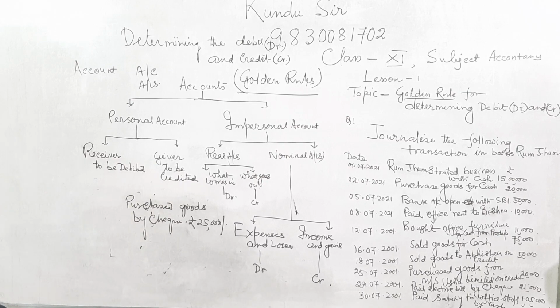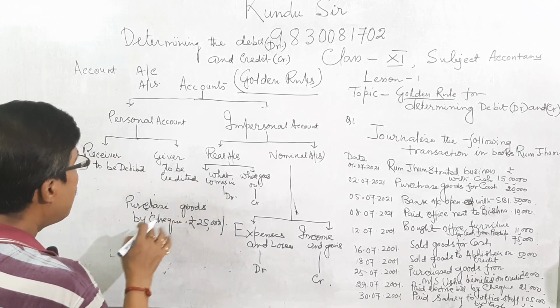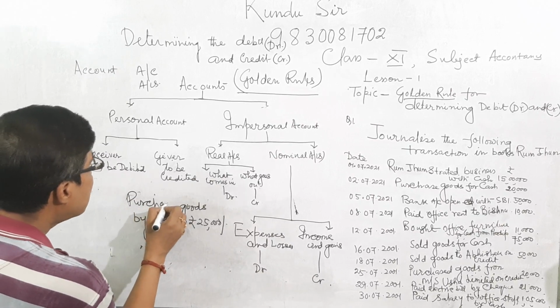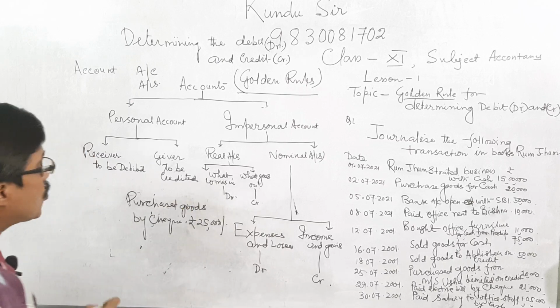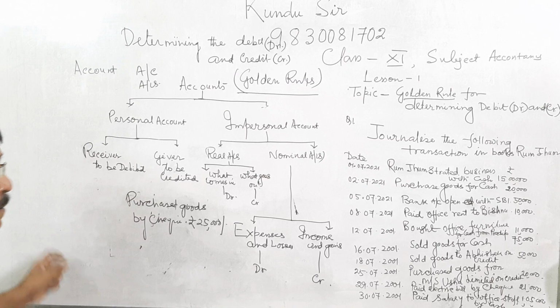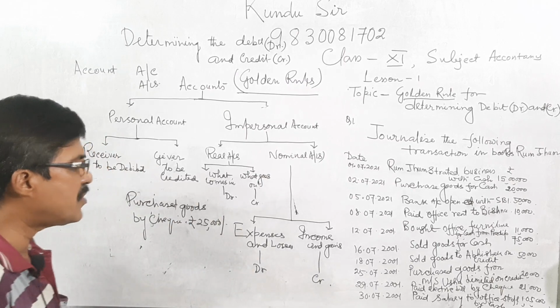What will be the entry? Purchase. What is the purchase account? Purchased goods by check, rupees 25,000. Purchase is a nominal account. It is an expense for the business.